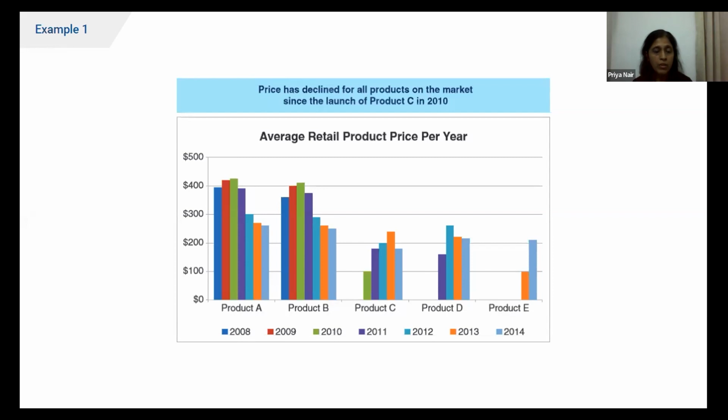You have the average retail price of your competitors' products in the market for the past few years. Let's say you have that data, and that is what you have to use to arrive at a recommended price for your product.